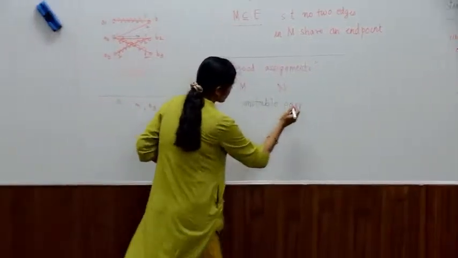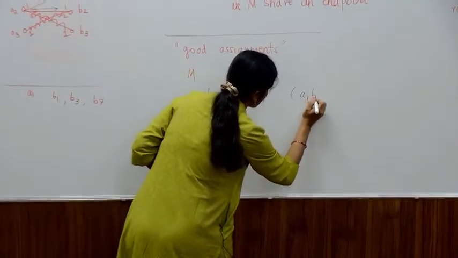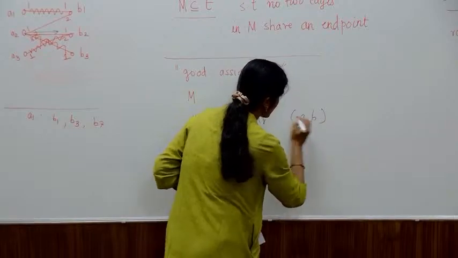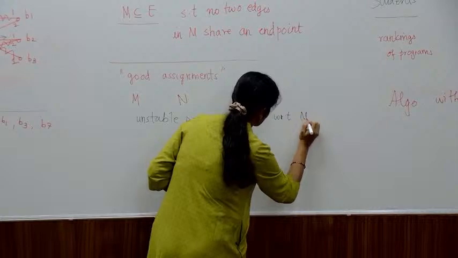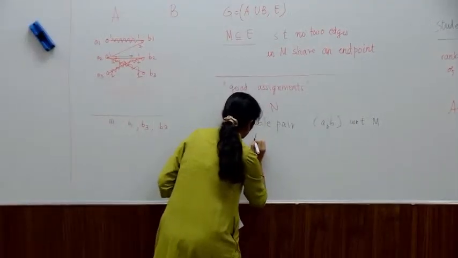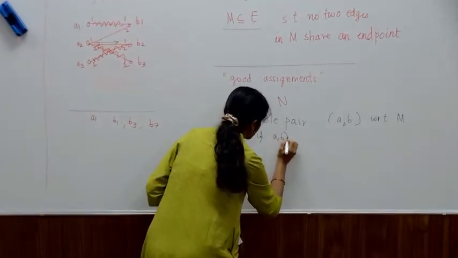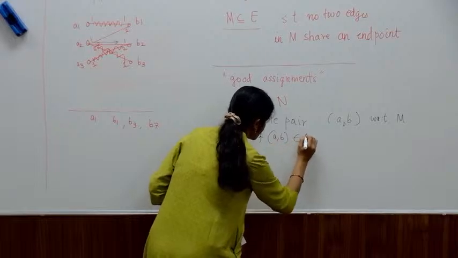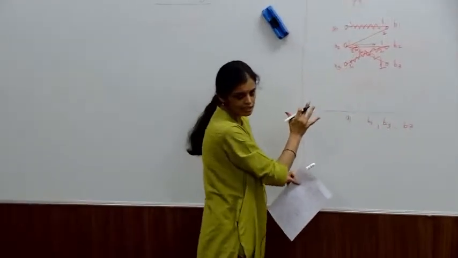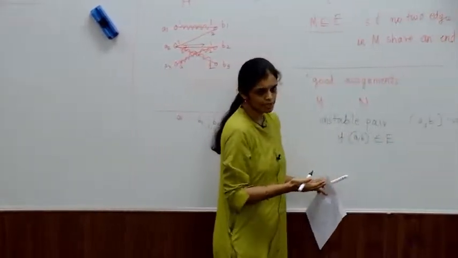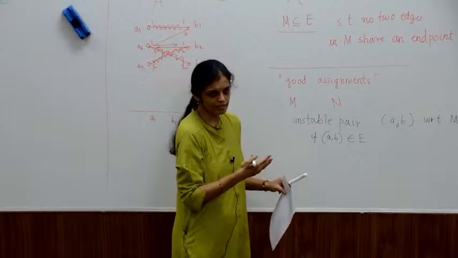That is, we call a pair AB unstable with respect to a matching M if, first of all, AB should belong to E. That is, it should be an acceptable pair, an edge in the graph. It should not be a matched pair because it is not something that is already assigned.